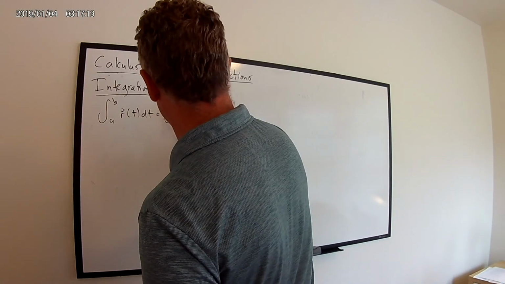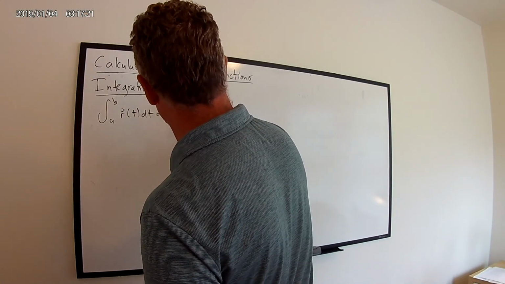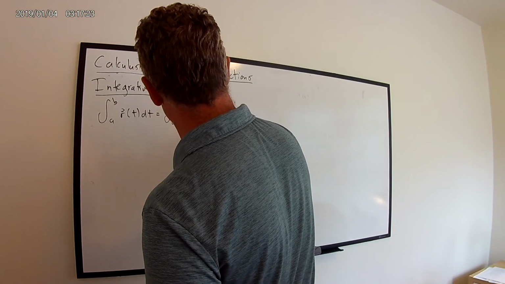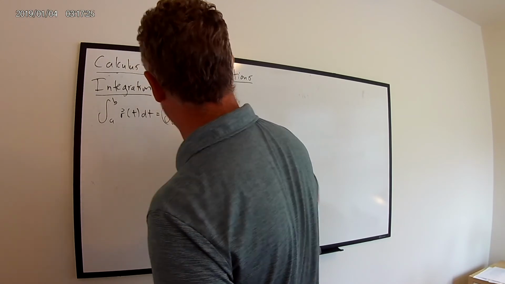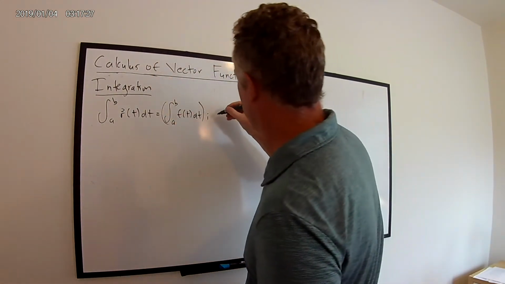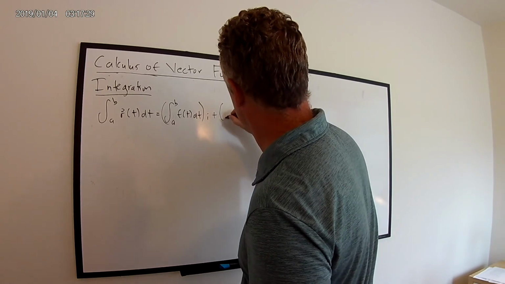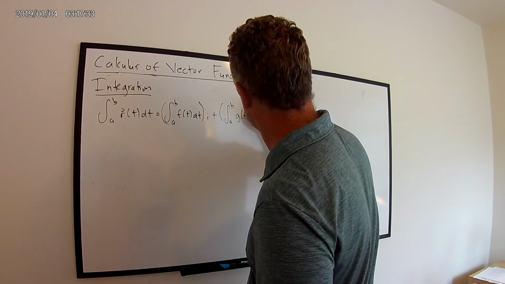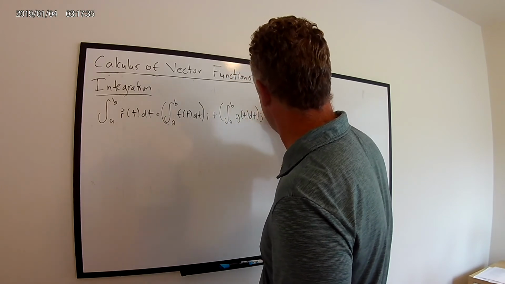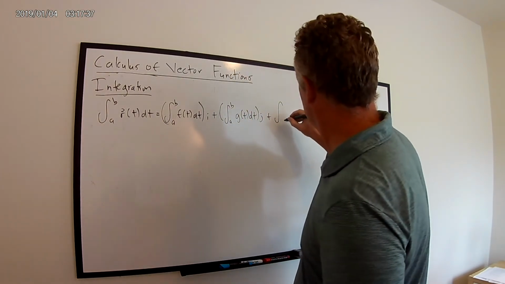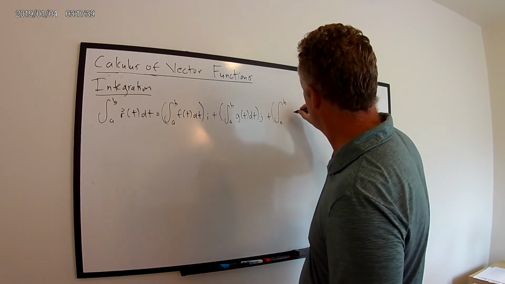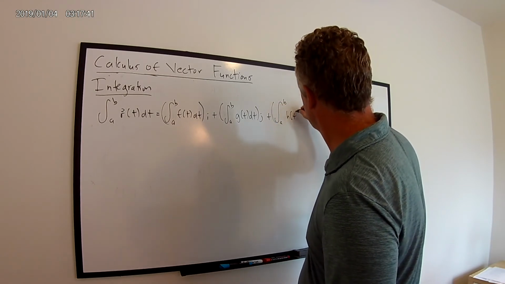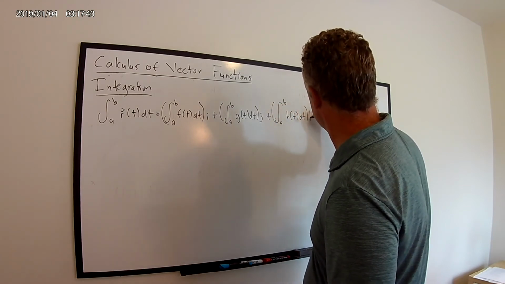So this is equal to the integral from a to b of f of t dt times the respective unit vectors, i, plus the integral from a to b of g of t dt times j plus the integral from a to b of h of t dt times k.